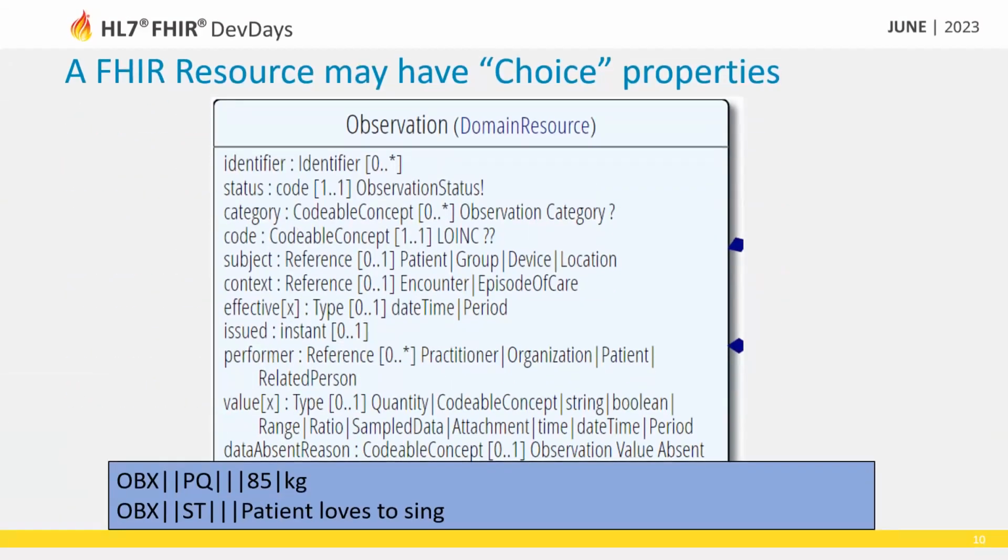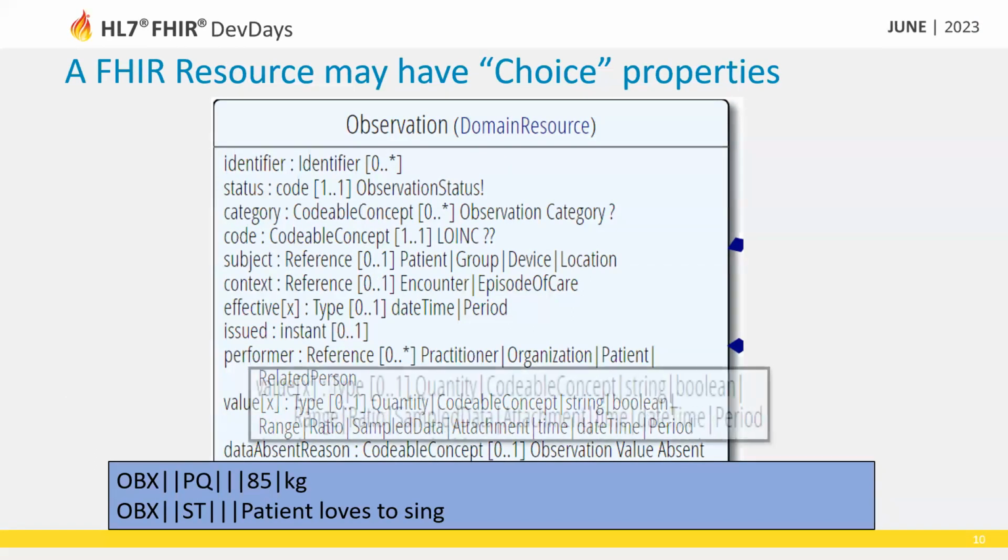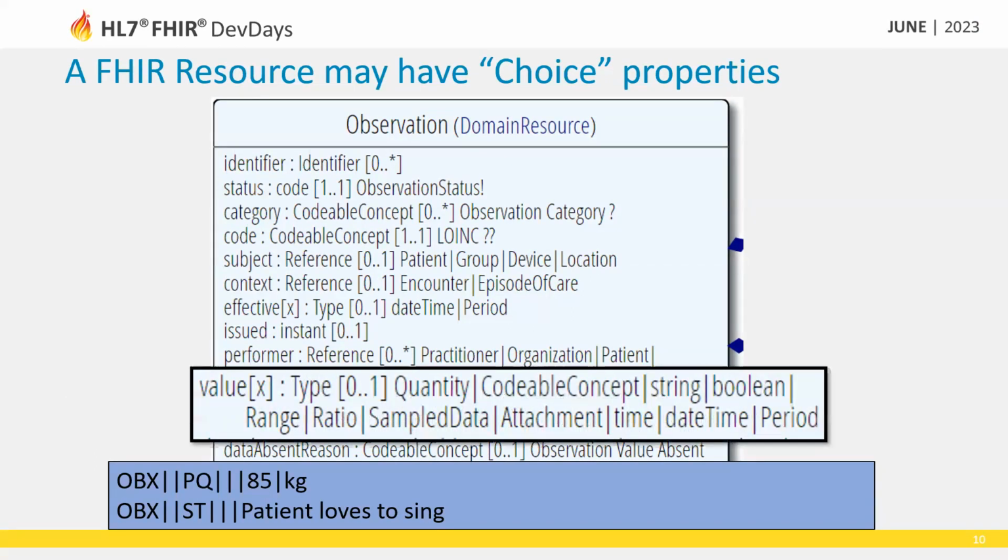Another thing that you may be familiar with is the choice data type. If you know the details of the OBX segment, and in FHIR it looks like this, an X data type, if we are observing something, it could be a code, it could be an image, it could be all sorts of things. So when you create a model for an observation, you cannot state at that point in time what the data type is going to be.